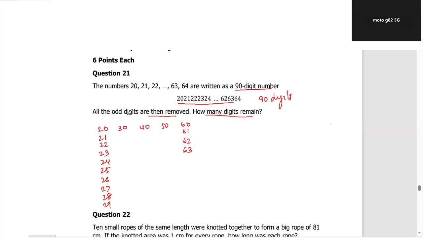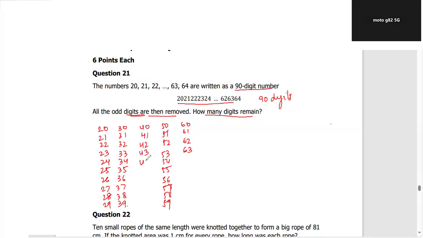Now, if all odd digits are, now how many odd digits can I see? Okay, so if you talk about here, if I write 31, 32, okay, same thing if I write 51, 52, 53, 54, 55, 56, 57, 58, and 59. You don't have to write all of this.